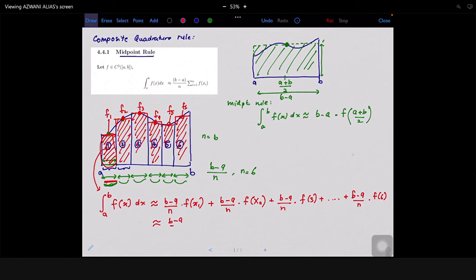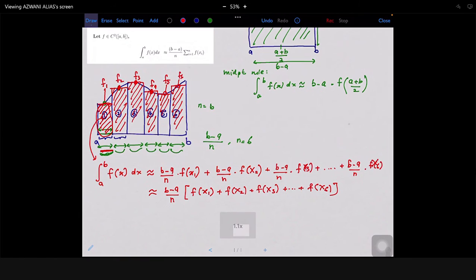So, simplify, you akan dapat f(x1), f(x2), f(x3) up to f(x6). Sorry, this is x3, this is x6. Okay, so tu adalah summation.